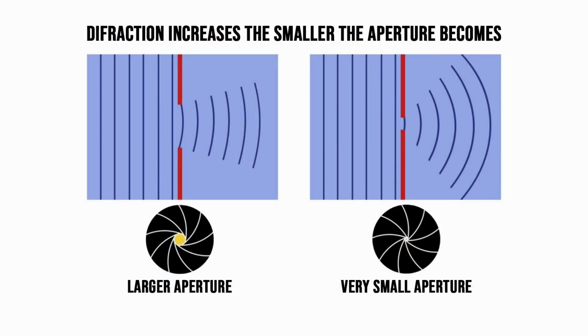However, at very small apertures, which is very large f-stop numbers such as f16 or f22, some lens sharpness can start to degrade due to a phenomenon called diffraction. Diffraction occurs when light waves start to bend as they pass through a very small aperture, which can cause the image to become softer and less defined at the edges.